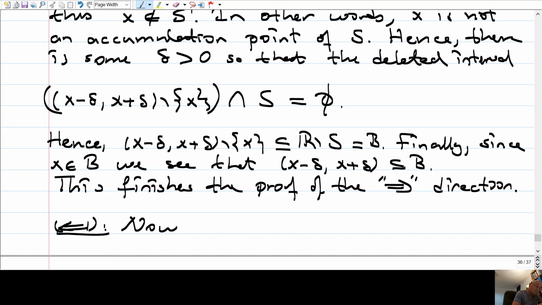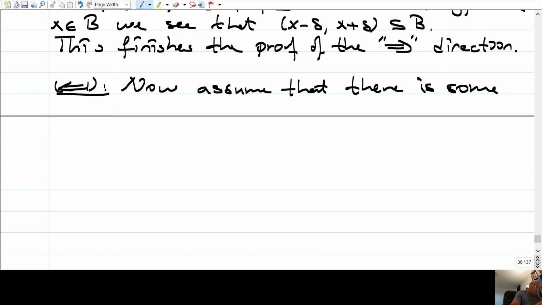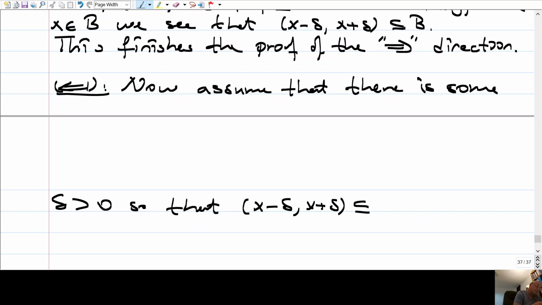Now assume that there is some delta positive so that x minus delta, x plus delta lies inside B, right? Okay. All right.